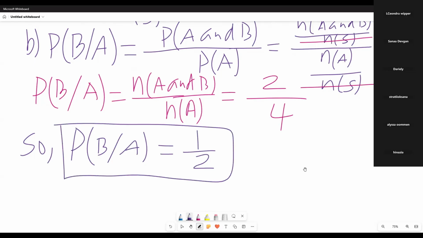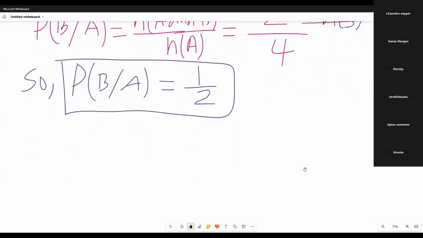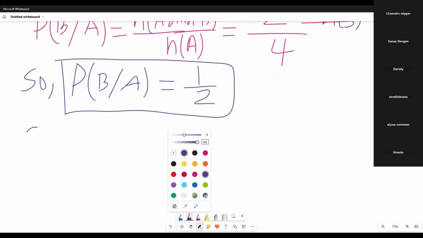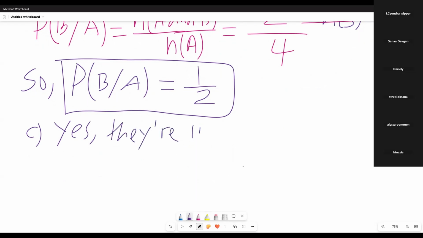Now, the last thing they ask you in part C, they ask you if A and B are independent events. I would say C, yes. They are independent events. Why?